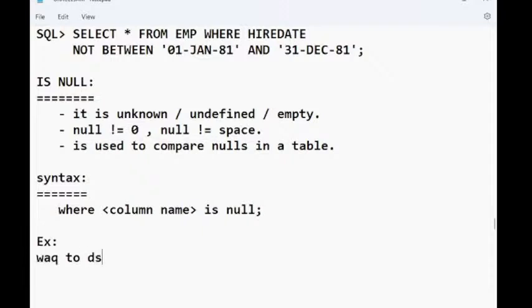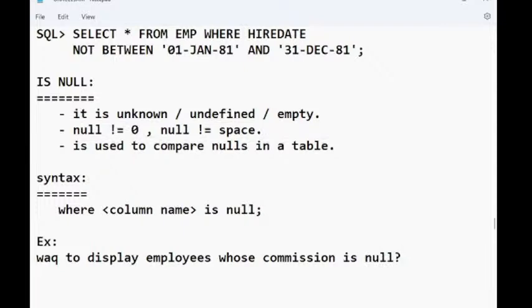Write a query to display employees whose commission is null.